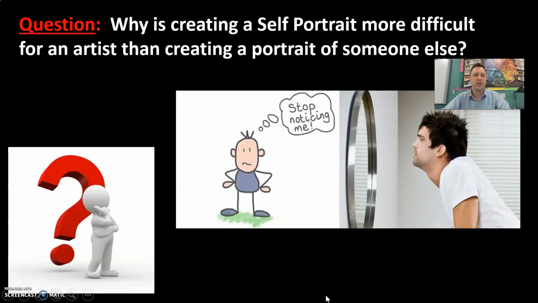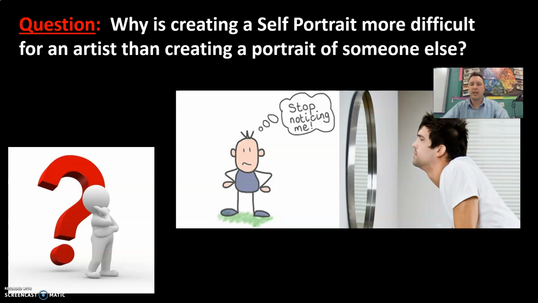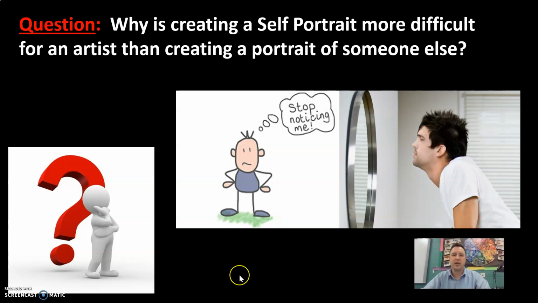So your first question is, why is creating a self-portrait more difficult for an artist than creating a portrait of someone else? And the obvious answer is that you are staring at yourself. You are staring at all the imperfections that you may see in yourself, and you're basically forced to draw yourself as you see yourself, because you may want to alter something and you may think that, oh, my nose isn't that big, or what if I don't have the freckles in the picture?